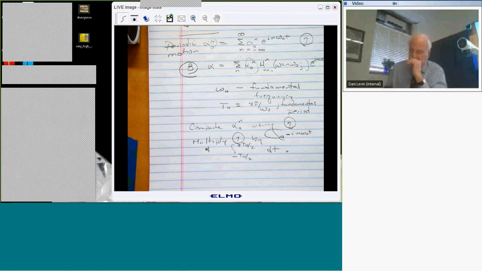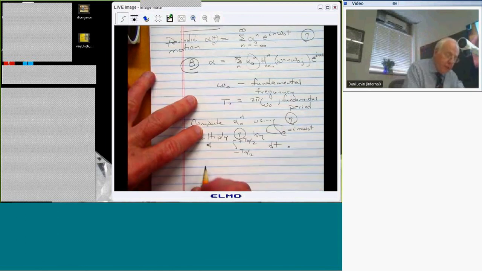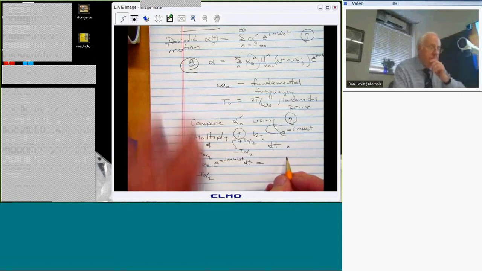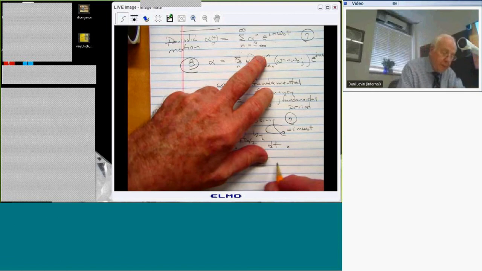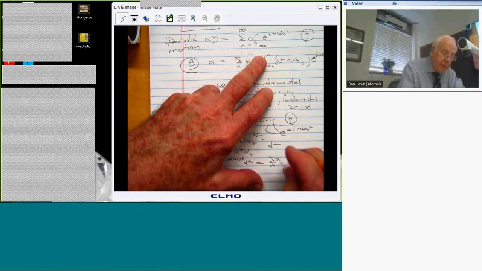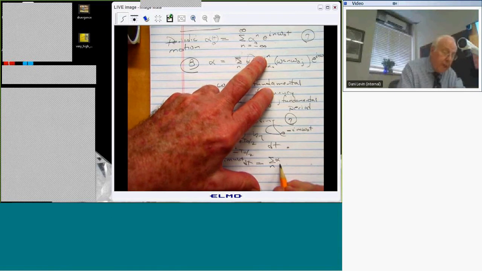Okay. Now, if you do that, what do you get? Well, let's just write it down. You get alpha naught e to the minus i m omega naught t dt integrated from minus t naught over 2 to plus t naught over 2. That's the left-hand side. And on the right-hand side, we have the summation over n of alpha naught n e to the i n minus m omega naught t, right?